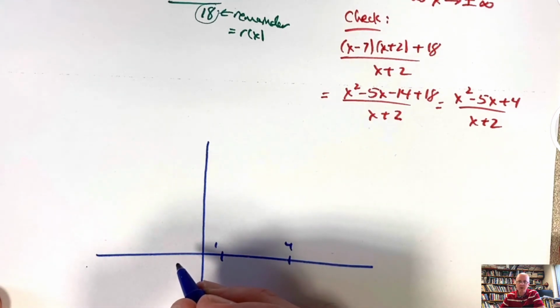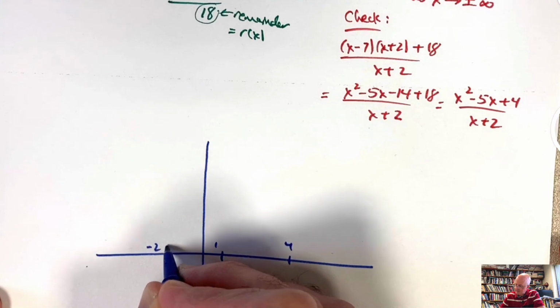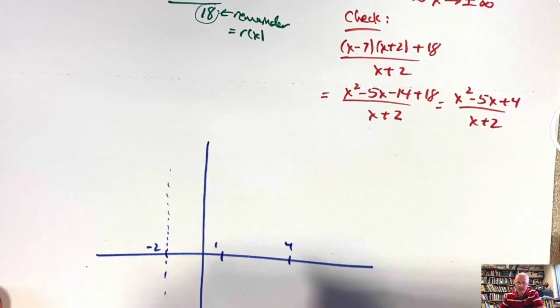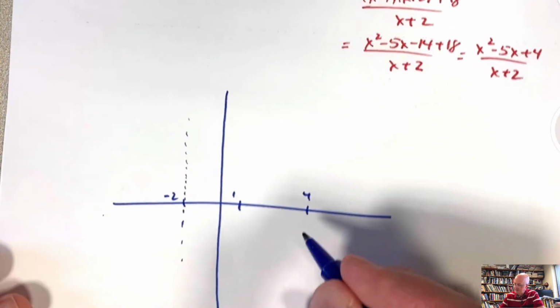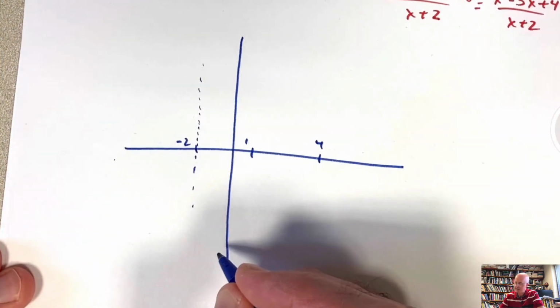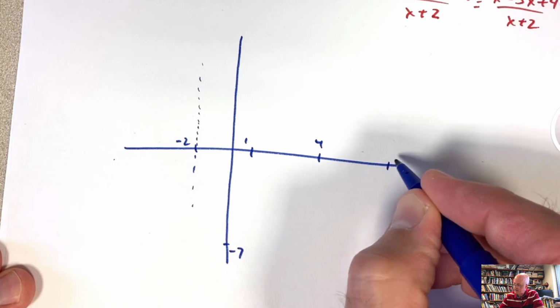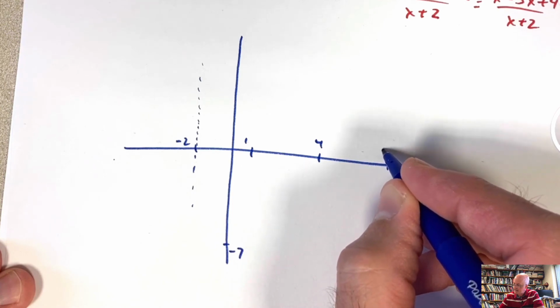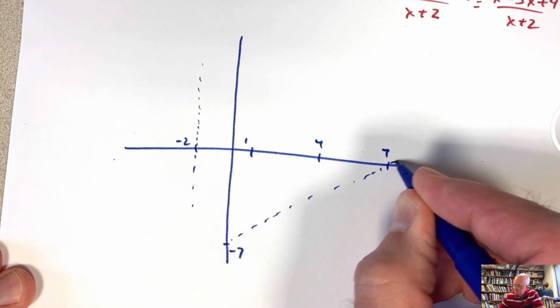The vertical asymptote was at -2. Let's be right about there. There's a vertical asymptote. The slant asymptote is again the function x minus 7. So that's going to be a line with a slope of 1 and a y-intercept of -7. Let's say -7's down here and 7's right about here. So the slant asymptote, which I'll draw as a dashed line, looks about like this.